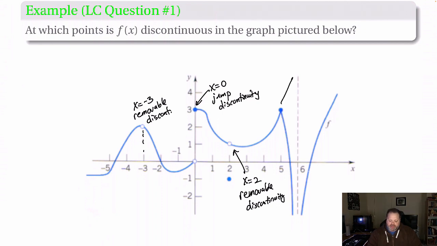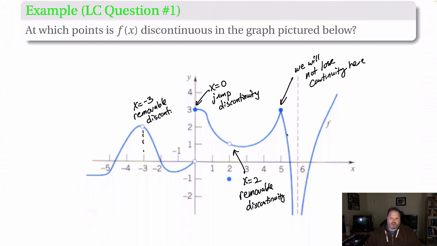So that value is actually okay when it comes to continuity. We will not lose continuity at such a point. These are called corner points. We'll talk later about what does happen there. There are some bad things that go on at those kinds of points, but you do not lose continuity at those points.